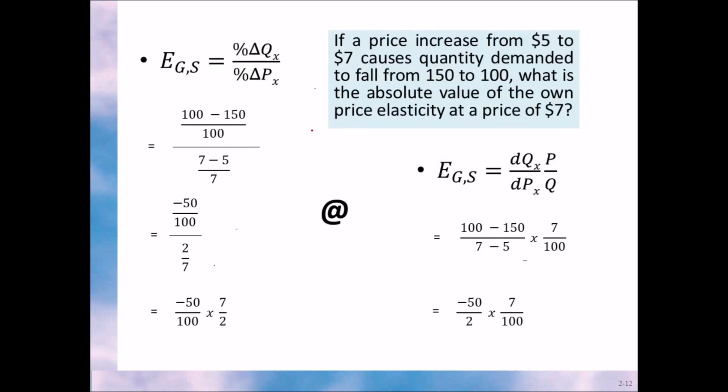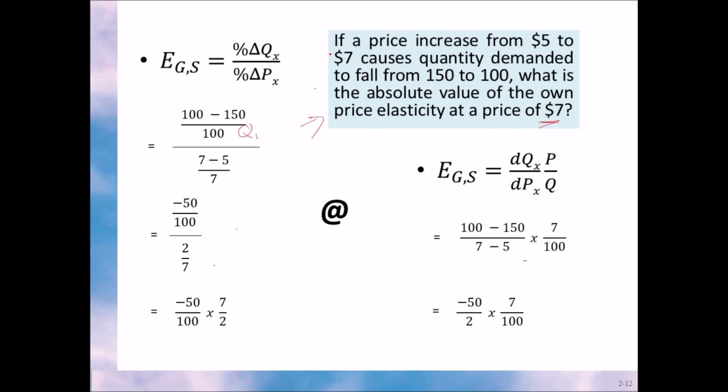I put back the question here, easy for us to see. If we take the first formula, this is the working. Remember just now how we expand this formula: we subtract the old from the new one, but in this case we put Q1 instead of Q0, because the question asks you at the price of 7.